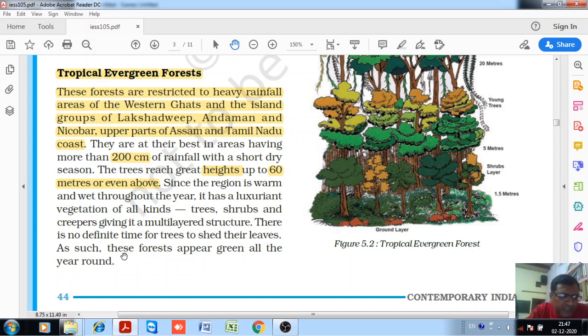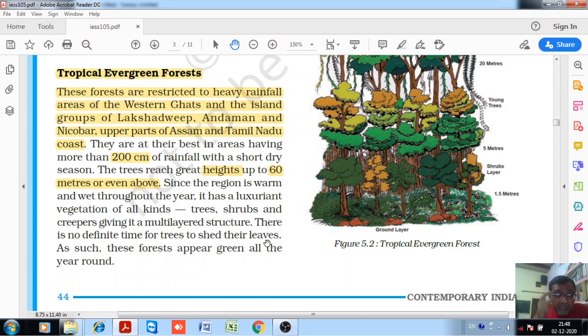Now there is no definite time for trees to shed their leaves. As the name is suggesting itself, evergreen forests means which remains green throughout the year. There is no particular period for shedding the leaves in these forests. Some trees shed their leaves in some days and other trees shed their leaves in a different period of time.